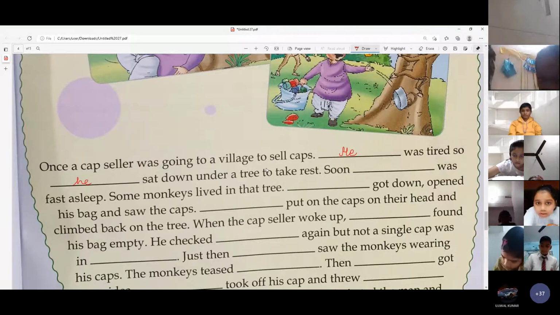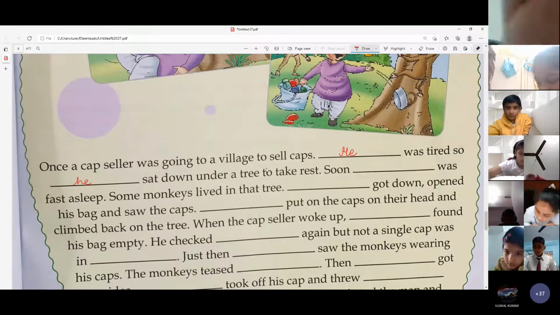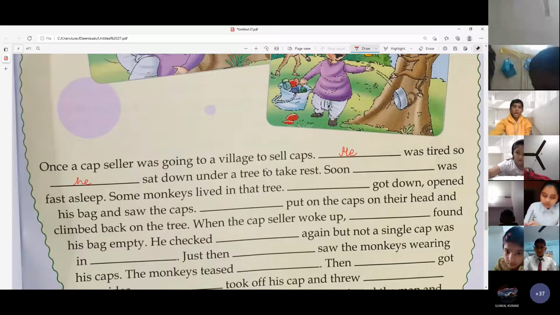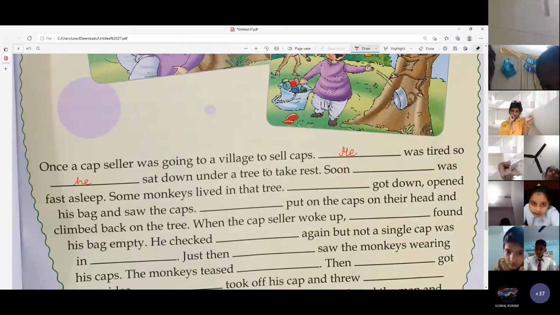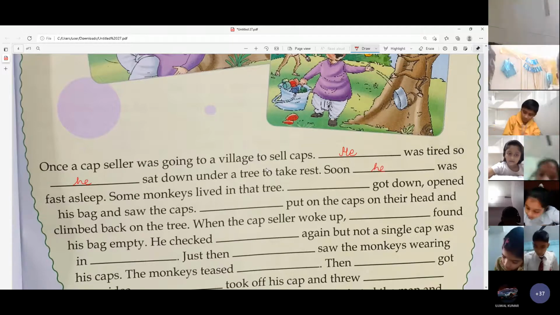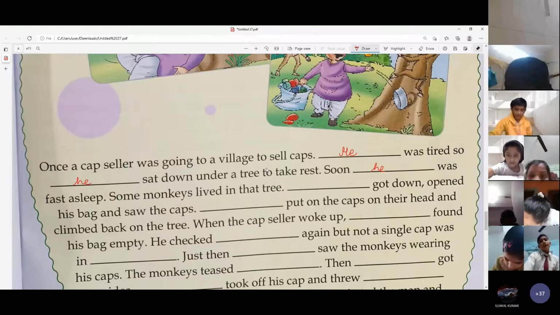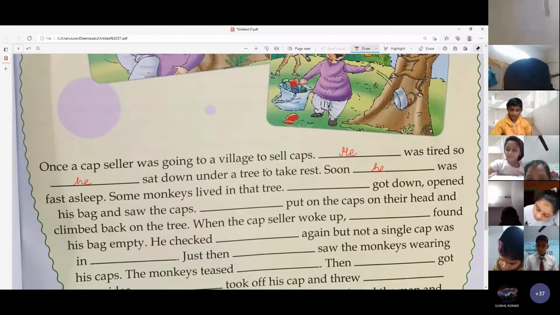I want answers from you people now. Once a cap seller was going to a village to sell caps. He was tired, so he sat down under a tree to take rest. Soon he was fast asleep. Some monkeys lived in that tree.